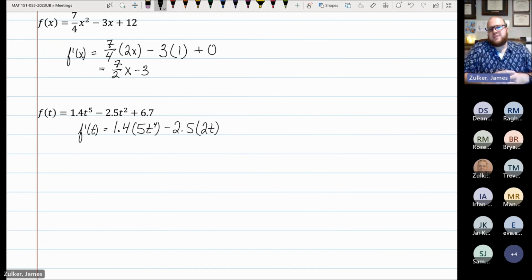By power rule, that's 2t. And then plus the derivative of 6.7. That's a constant, so the derivative of that is 0. 1.4 times 5 is 7. 2.5 times 2 is 5. Our derivative is 7t to the 4th minus 5t.